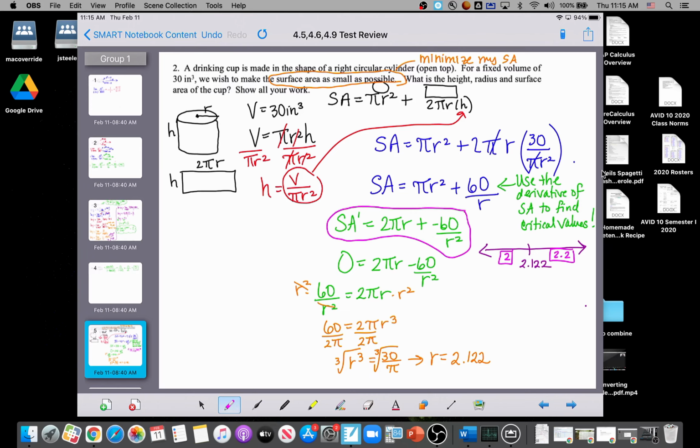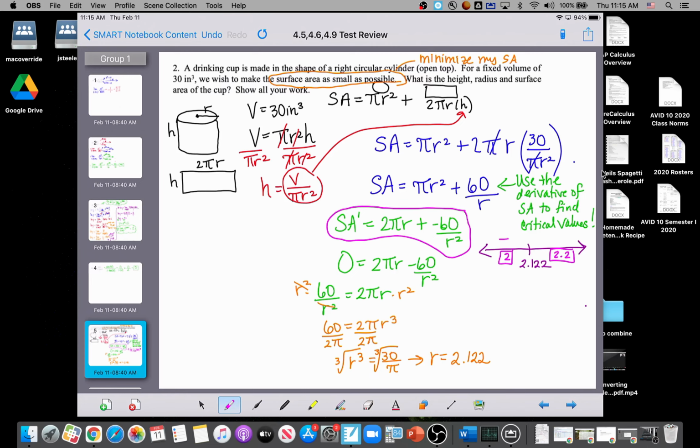So I'm certainly going to just type this in on my calculator, right? Because these aren't nice numbers. I've got pi, which is a decimal, and I've got the 2.2, which is also a decimal. So when I plug positive 2 in, 2 times pi times 2, and then minus 60 over 2 squared, that is going to give me a negative value.